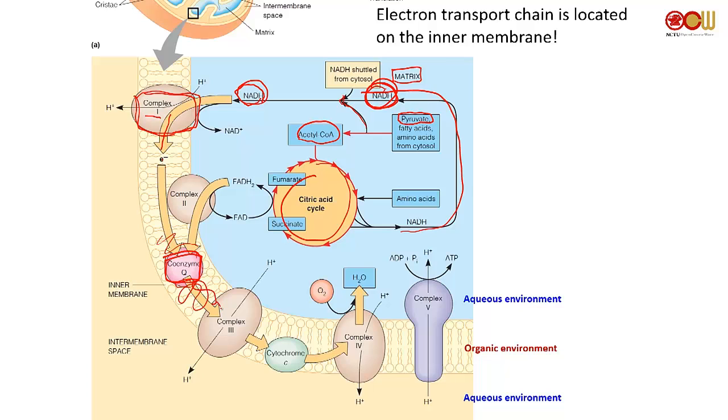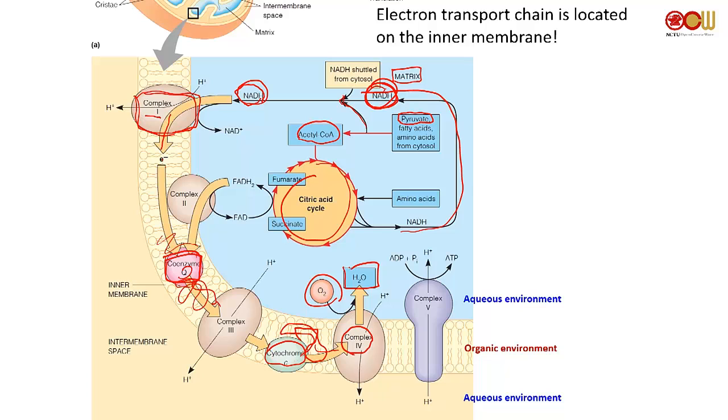Complex 3 then takes the electrons from Q and puts them onto this thing called cytochrome C. It's a protein that has a heme, and cytochrome C wanders around until it touches complex 4. Complex 4 then takes the electron from cytochrome C and puts it onto molecular oxygen.